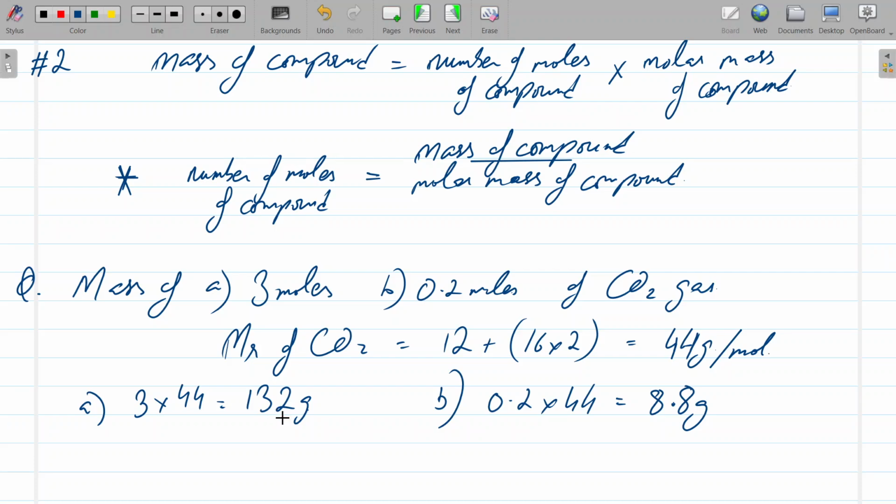Right? Now I'm not writing per mole over here in these two answers, because 132 grams is the mass of 3 moles and 8.8 is the mass of 0.2 moles. So it is not 8.8 grams per mole. I will only use the grams per mole for the molar mass of the substance.